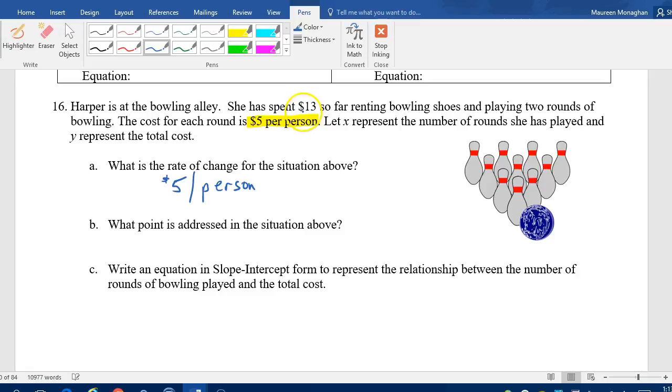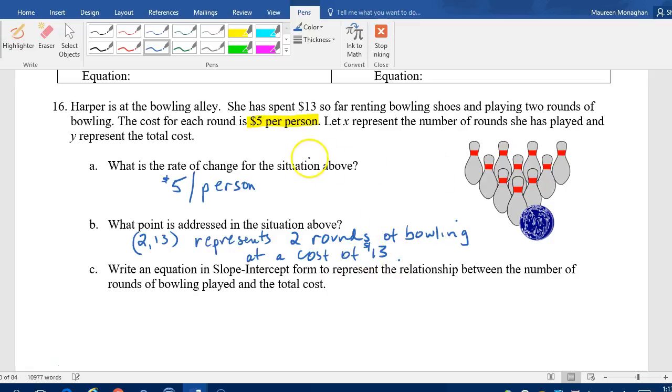She has spent $13, and the point (2, 13) represents 2 rounds of golf, or kidding, not golf, 2 rounds of bowling at a cost of $13. Okay, because she bowled 2 rounds for $13.